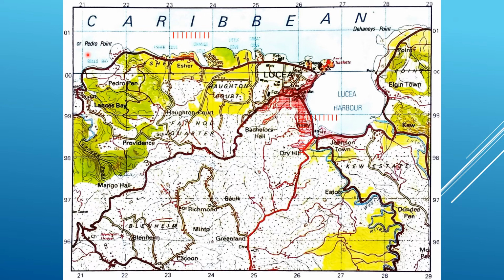Let us now count towards the north along easting 23 to find out which of our markers will be in line with the road junction. So here we go. 1, 2, 3, 4, 5, 6, 7, 8, 9.